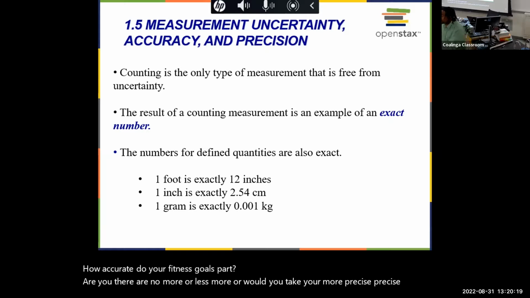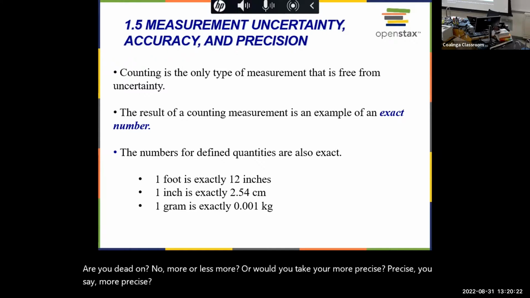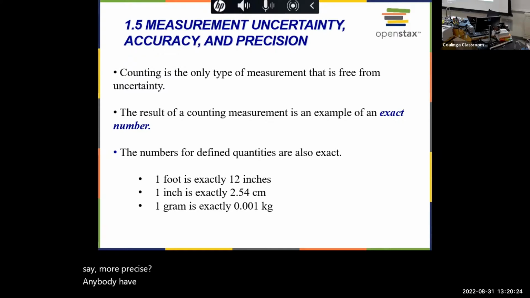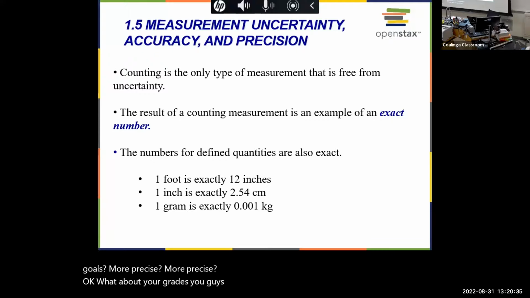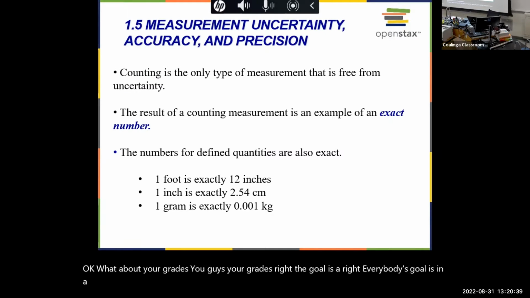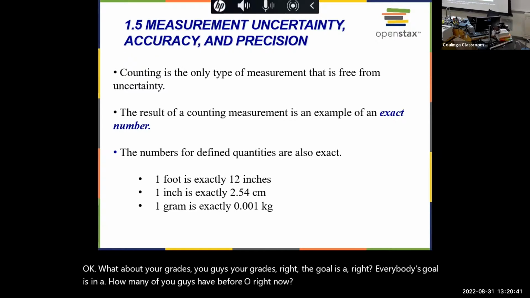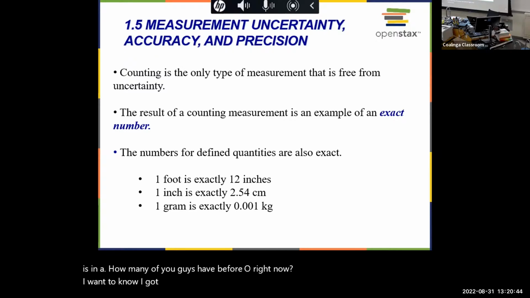How many of you have goals? Are you precise with your goals? Yes. Are you more accurate with your goals? More precise. Okay, what about your grades? Well, the goal is an A. Everybody's goal is an A. How many of you have a 4.0 right now? About five of you.